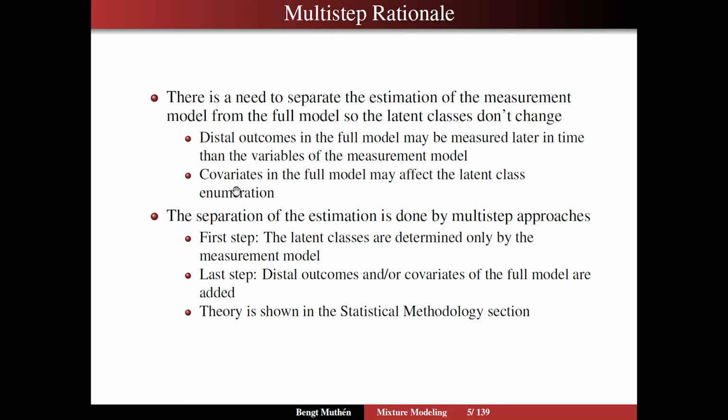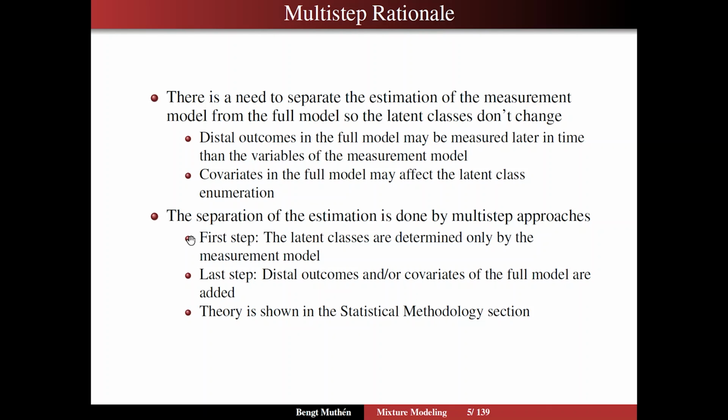Covariates in the full model may also affect the latent class formation and the determination of the number of classes. And it's inconvenient to have them influence the latent classes. When you want to experiment with different sets of covariates, you would have to do the latent class enumeration over again. So the separation of these 2 estimation steps is done by the multi-step approaches that I'm going to present.